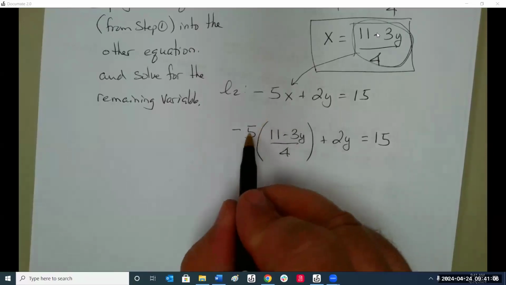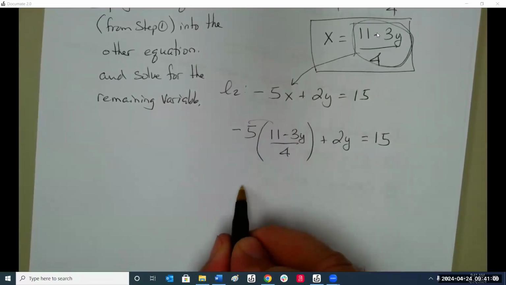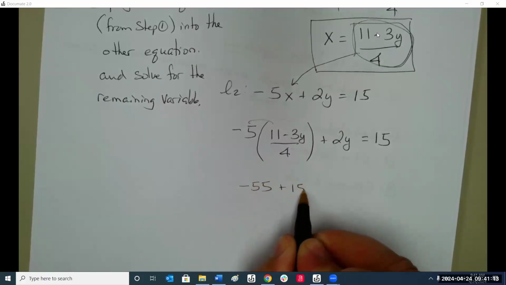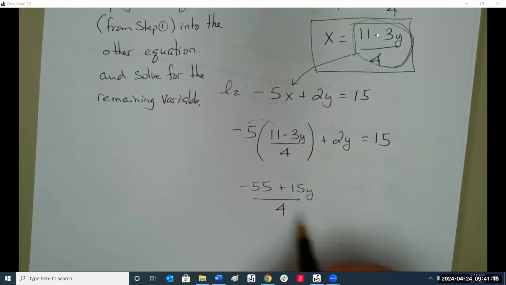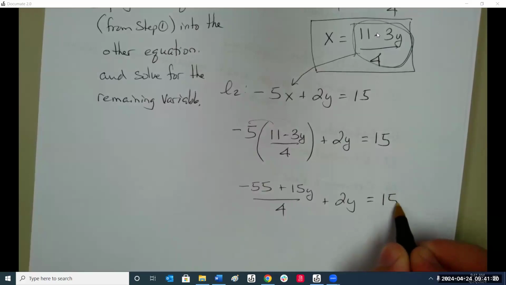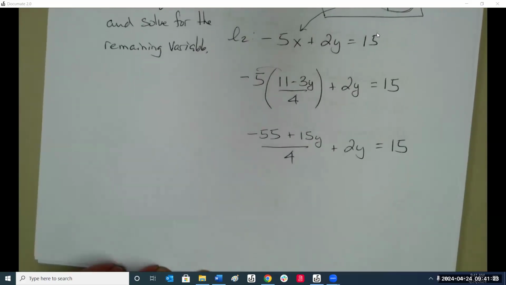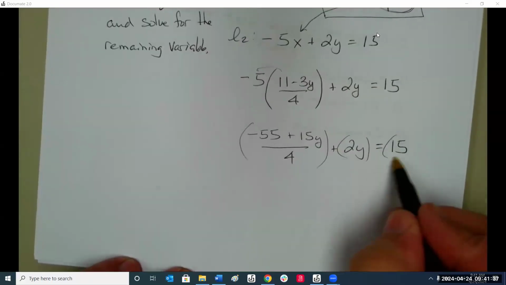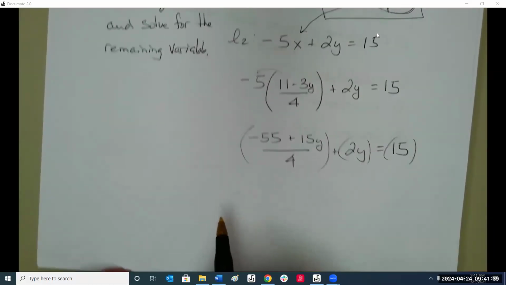All right, so we can multiply the top. So we have negative 55 plus 15y over 4 plus 2y equals 15. We have fraction and equal sign, so we have to get rid of the fractions. How do we do that? Find the LCD, multiply each term by the LCD, and then simplify.